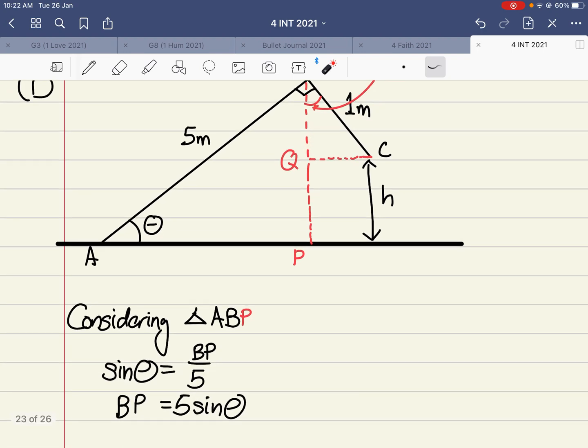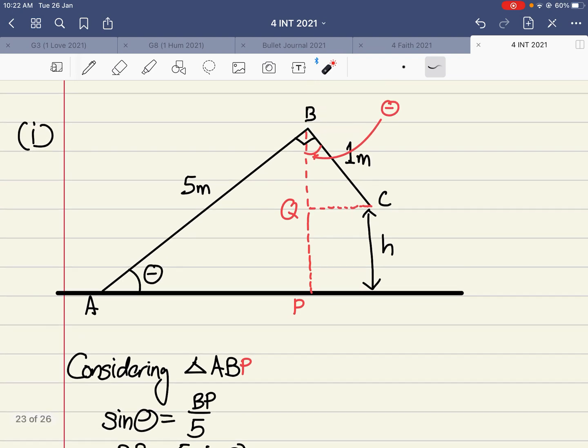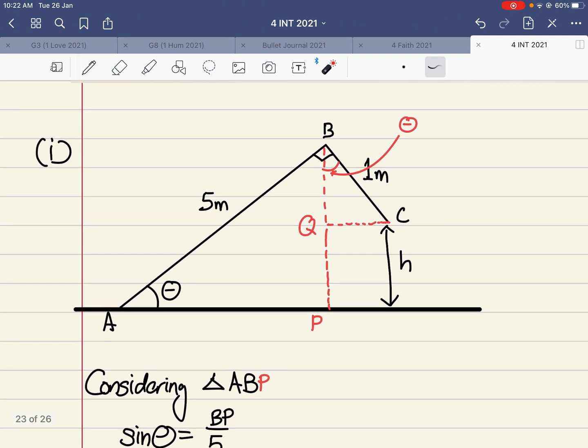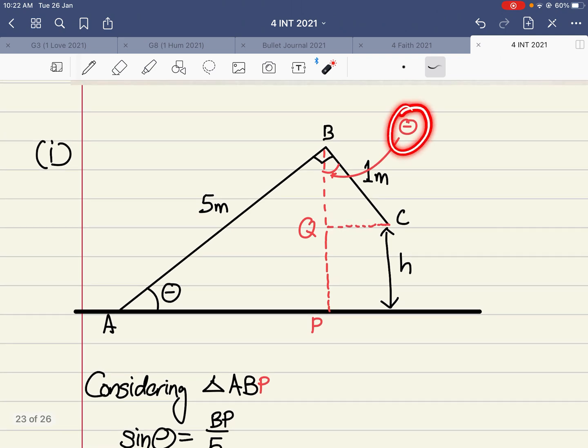So if you look at my working, if I consider triangle ABP, so this is theta, sine theta is BP opposite over hypotenuse 5. Rearranging, my value of BP is 5 sine theta. Now, if you look down here, I have labeled this angle as theta. How to get theta?